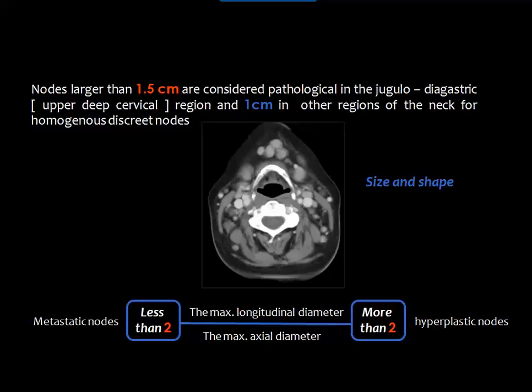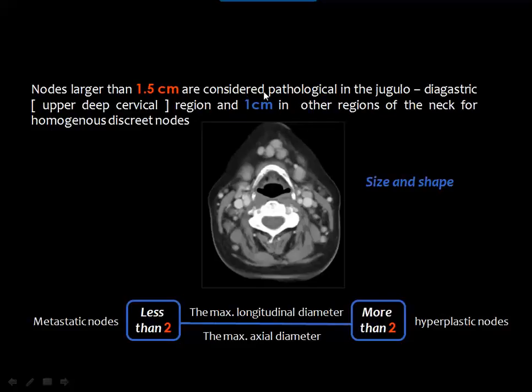You remember that in the past, whenever the CT was the only imaging way, and also the ultrasound, to assess the neck lymphadenopathy, we used to use the size of 1.5 centimeter as a threshold for the pathologic nodes. But this greatly affected the sensitivity of lymph node detection.